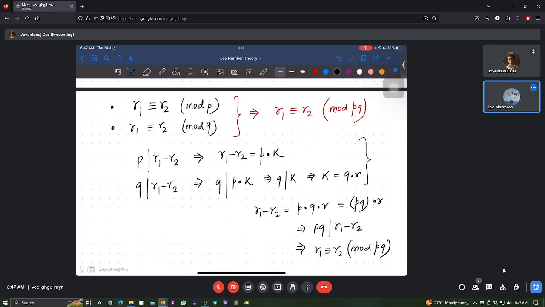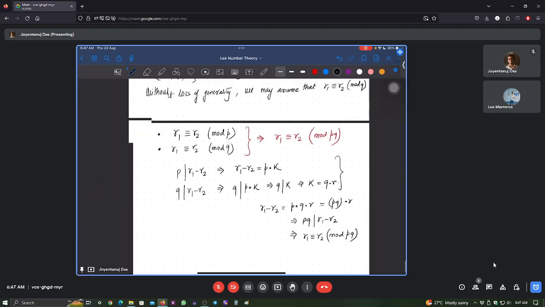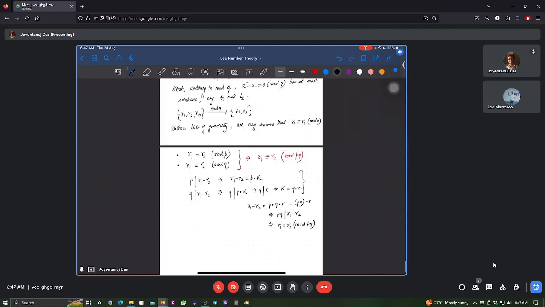So I got that R1 and R2 are the same modulo PQ, right? Then what is the contradiction? Let us go up to where we started.